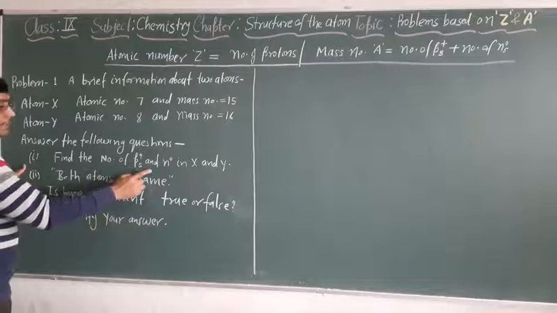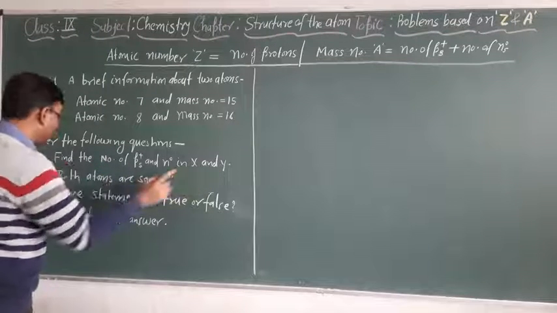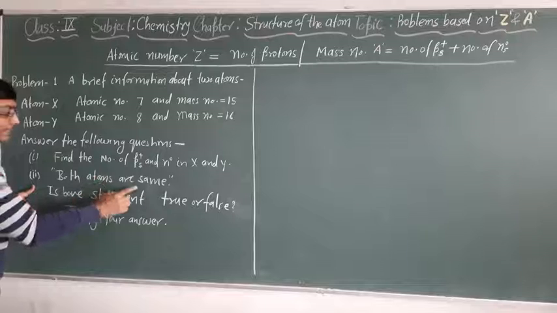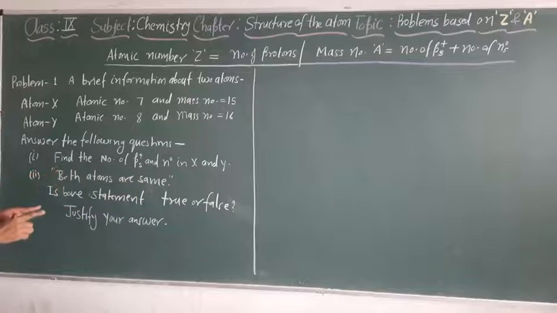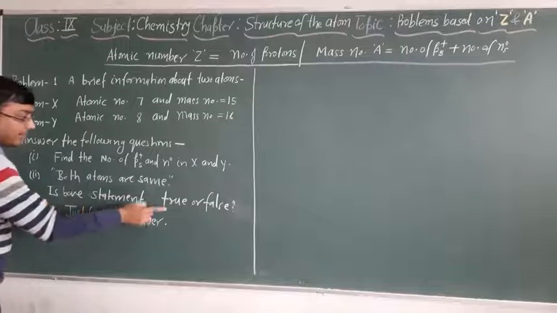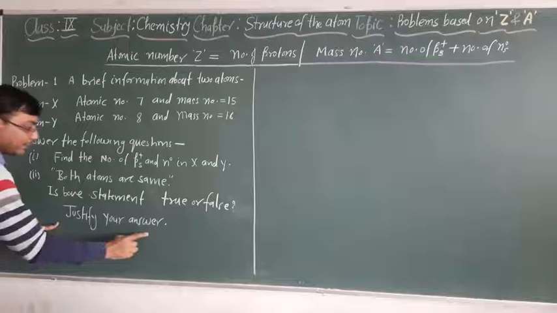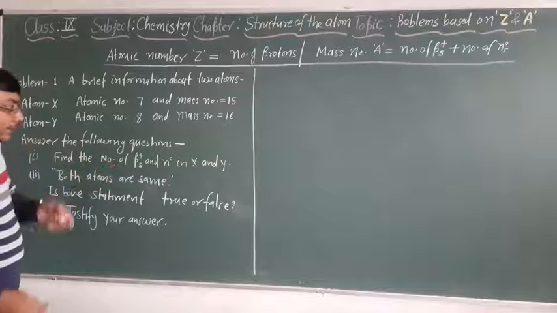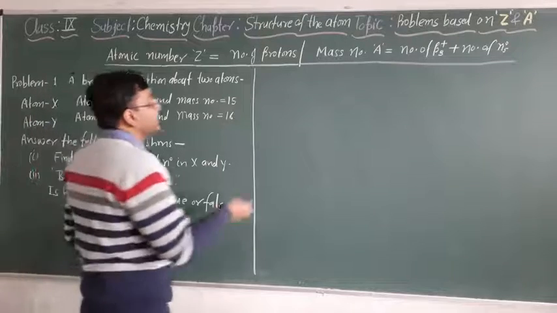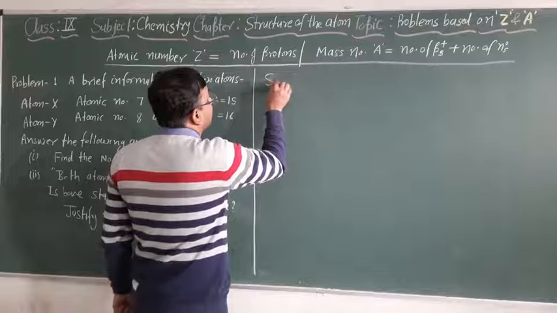Find the number of protons and neutrons in X and Y. Both atoms are the same. Is the above statement true or false? Justify your answer. So first of all, let us determine the number of protons and neutrons in X and Y atoms.